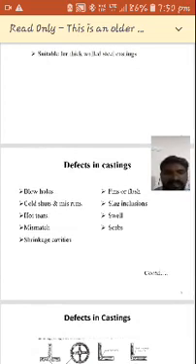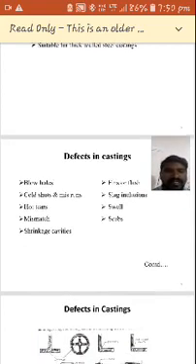A few defects are there. The first one is blowholes, the second is cold shut, and the third is misrun. Cold shut and misrun are two different defects. Next one is hot tears, and next is mismatch.